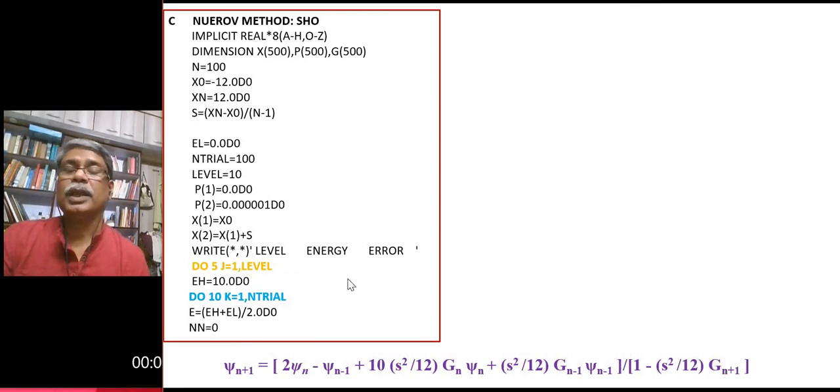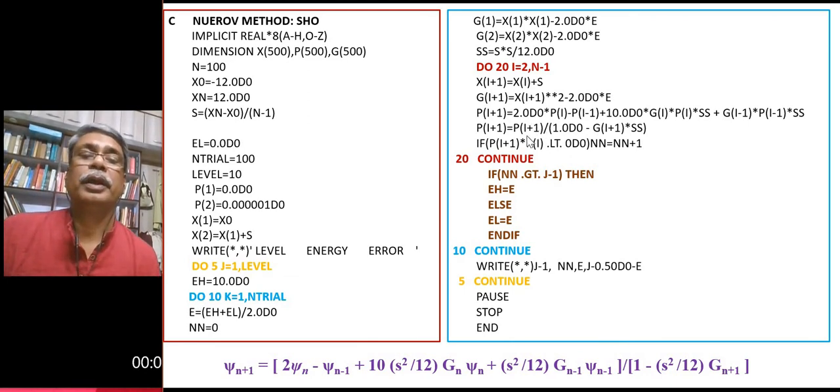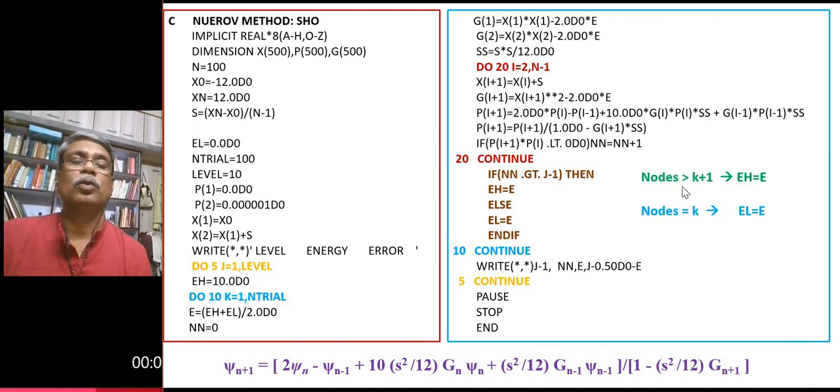And in this trial, actually what it will be doing, in another loop it will evaluate the psi n plus 1. Okay, that is the maximum point, x max, and by that calculation you will calculate the node also. And here that important game logic is there, as I mentioned, that nodes greater than k plus 1, then EH is E. So if nn, the number of nodes, is greater than j minus 1, j is initially 1, so 1 minus 1 is 0.